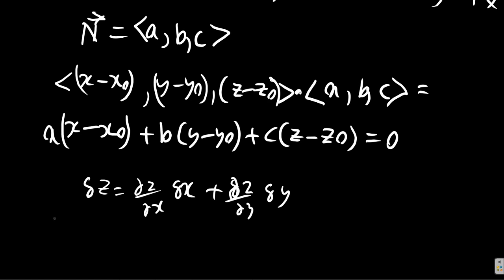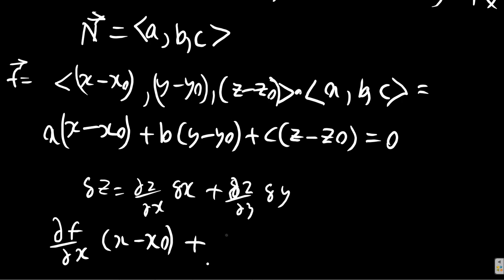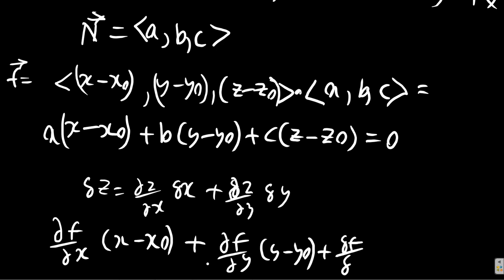So let's say our vector f is this: delta f by delta x times x minus x0, then plus b, which is actually delta f by delta y times y minus y0, plus c, which is really delta f by delta z times z minus z0, equals 0.